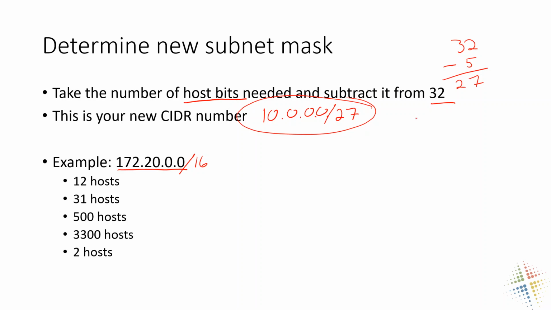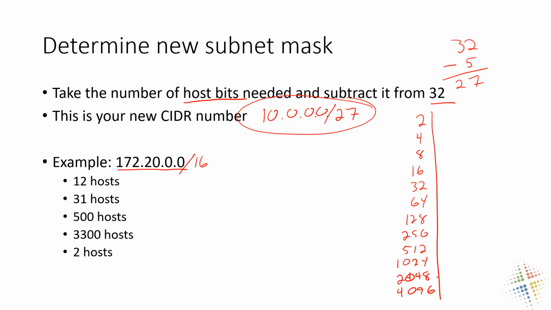So again, I go back to my numbers: 2, 4, 8, 16, 32, 64, 128, 256, 512, 1024, 2048, and 4096. And I'm running out of room there. I then number these with the number of bits it takes to create them in binary.